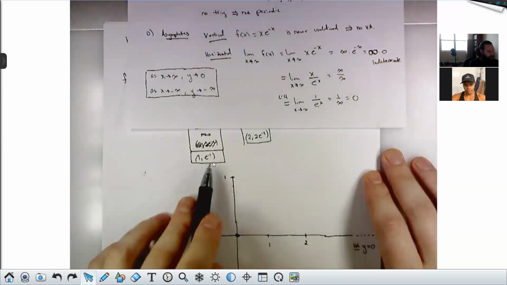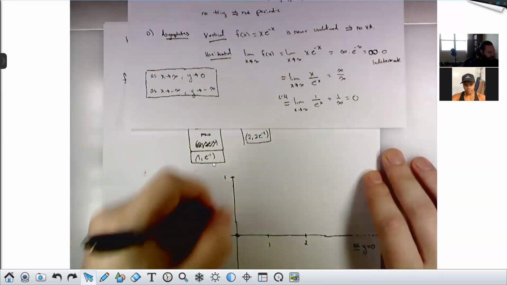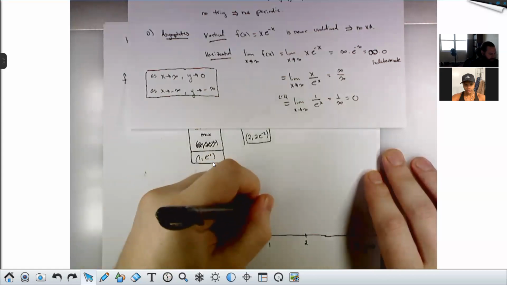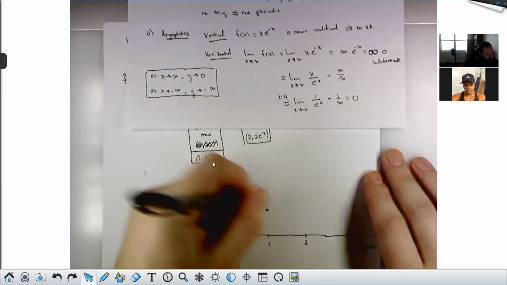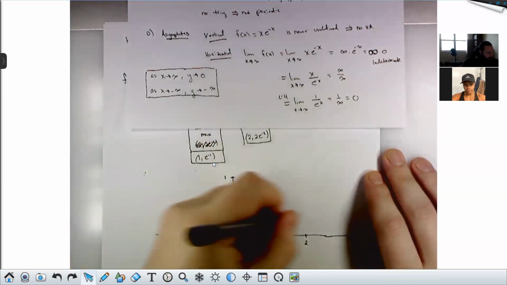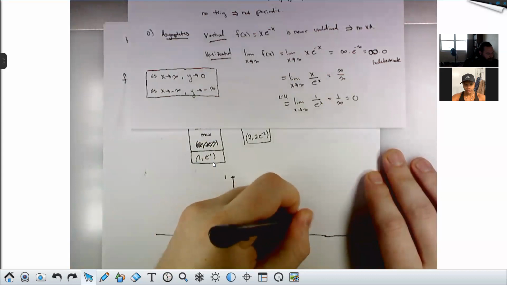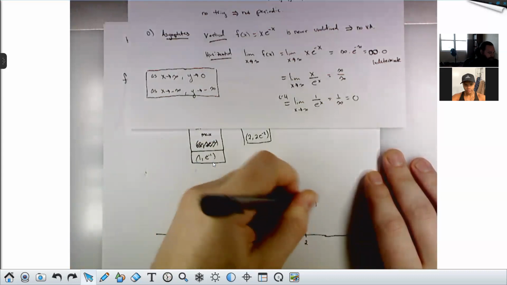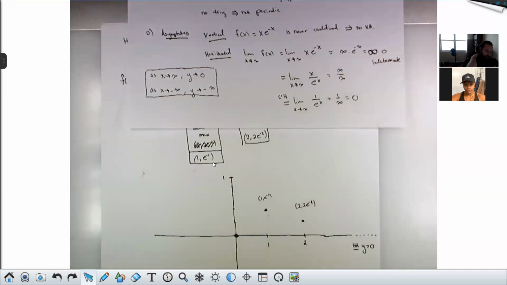My local max is at 1 comma e to the negative 1. So that's like 1 comma 1/3. It's like here. And my inflection point is at 2 comma 2e to the negative 2. That's about 2/9. So a little bit less than 1/3.